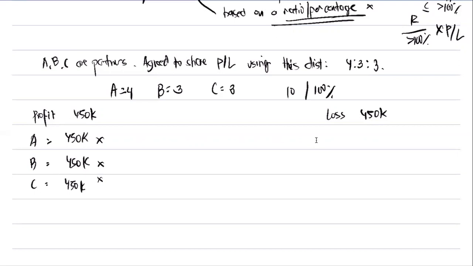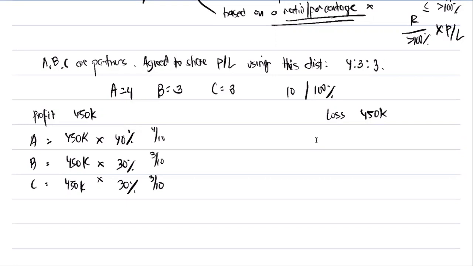What is the arbitrary ratio? 40% for A, kasi 4 over 10, 40%. B, 3 over 10 is 30%. C, 3 over 10 is 30%. Kaya ganon. Okay? So, it's either 4 over 10 nyo yan, 3 over 10, or 3 over 10. Pwede naman yan. Or, i-convert nyo na lang siya sa percentage.